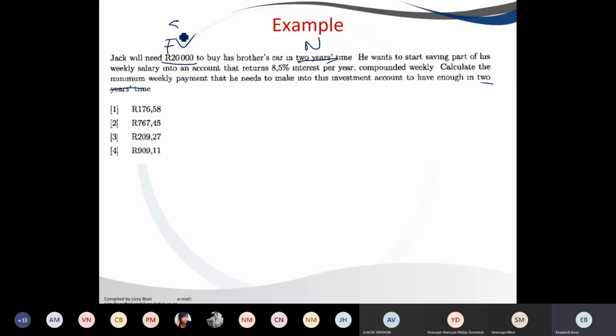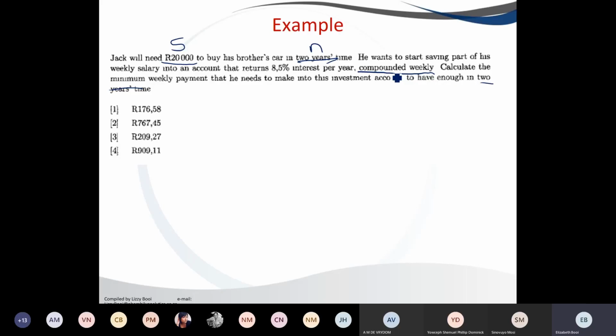And remember, I need to also write it as part of the manual calculation. So we will do the financial calculations shortly. For now, let me just concentrate on writing it as if we're doing the manual calculation. So this is our S, this is our n, and he wants to save part of his weekly salary, because then it's compounded weekly.